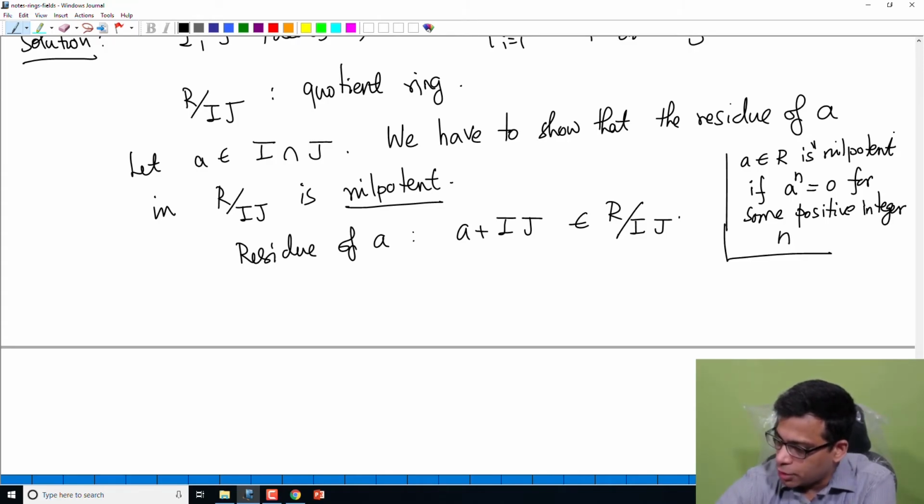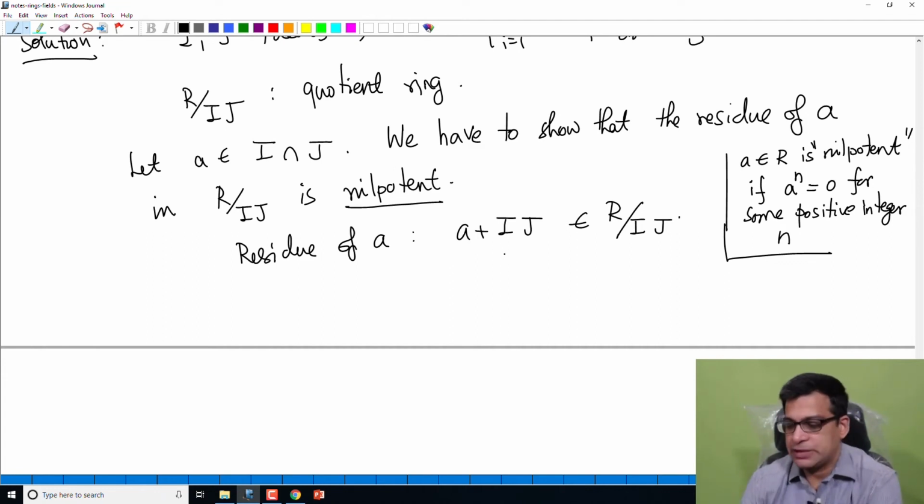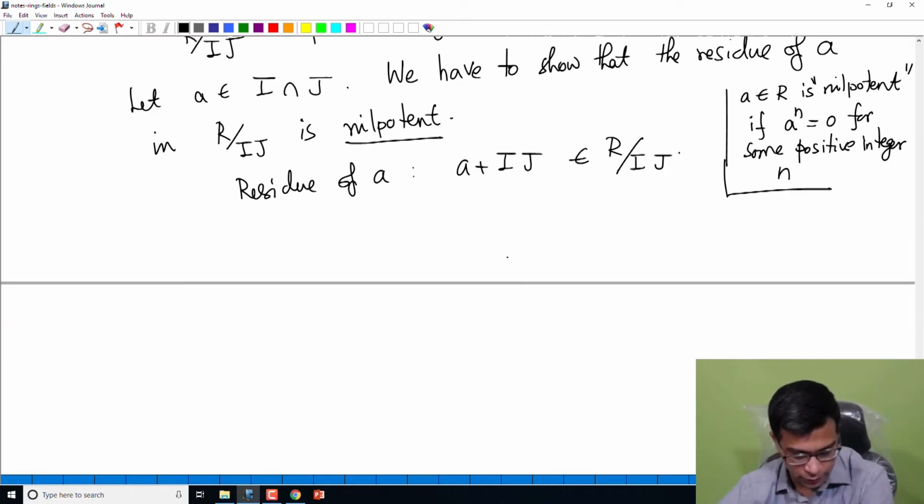A is called nilpotent if some power of A, when you multiply A with itself a certain number of times, you get 0. We want to show that A plus IJ is a nilpotent element of the quotient ring R mod IJ.